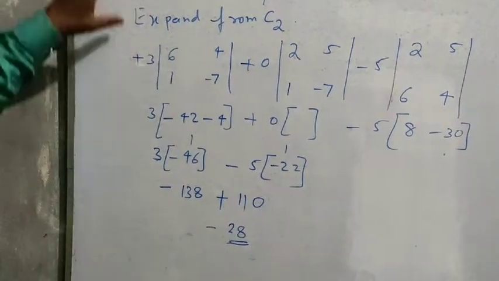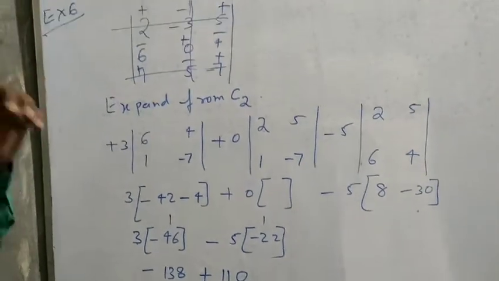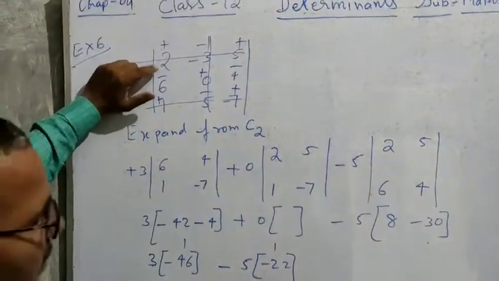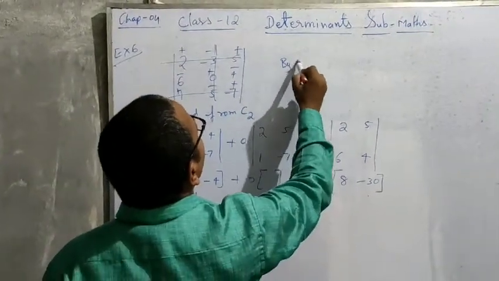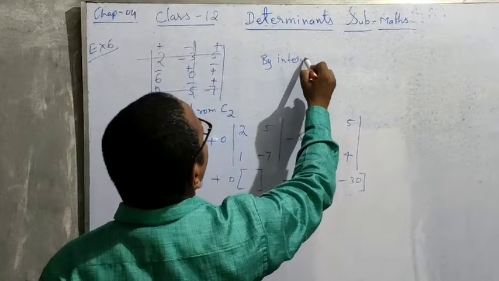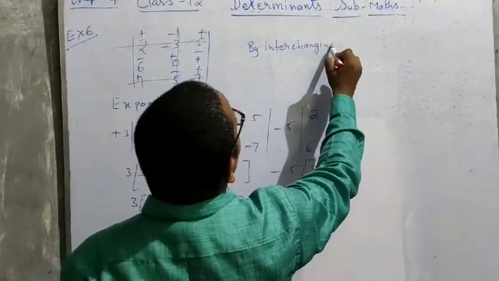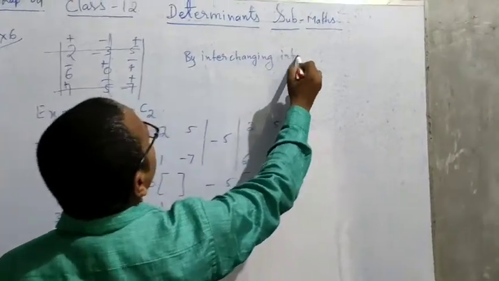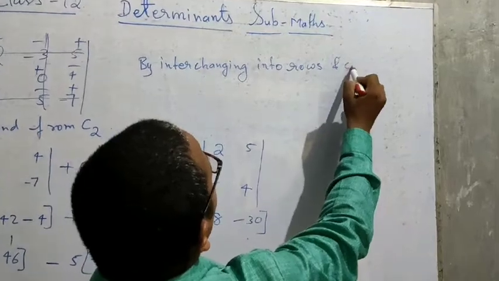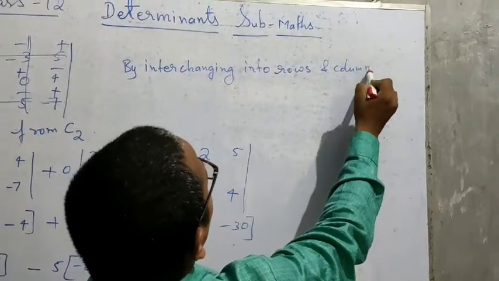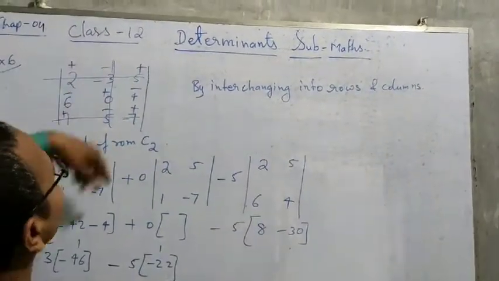So students, if you interchange this determinant using property number one, we get the same answer, minus 28. You can use it by interchanging rows and columns. The first row becomes the first column.